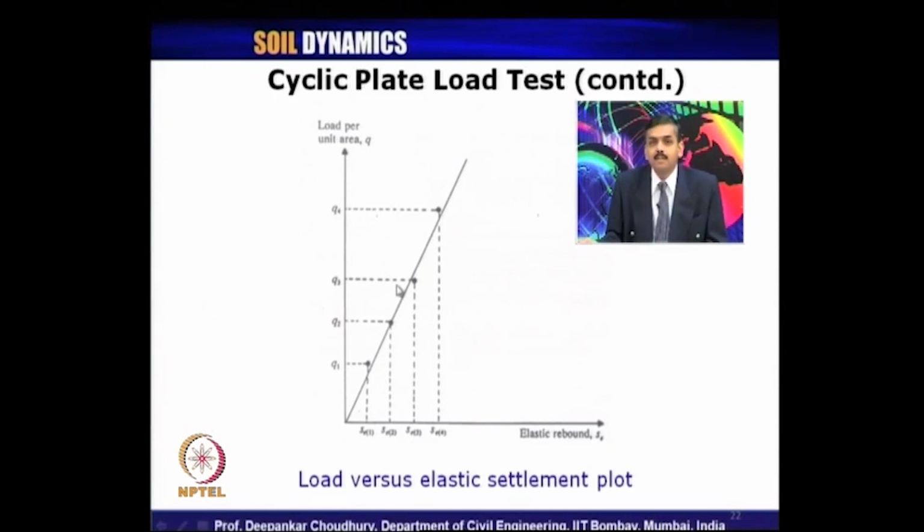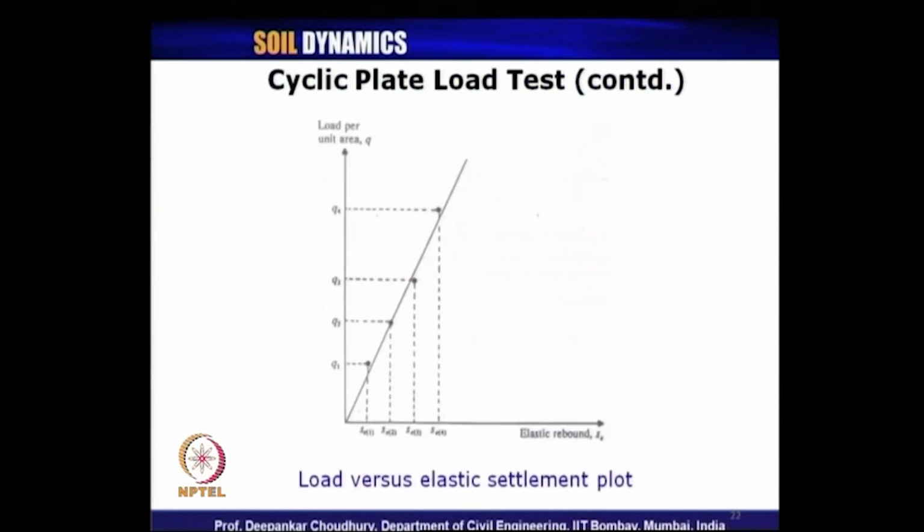As this is an elastic settlement, obviously the relationship must be a linear relationship through the origin. So, you draw an average line through these test points which passes through origin and which can represent all your test points very effectively. The slope of this line is nothing but what is mentioned as that stiffness. Let us see that.